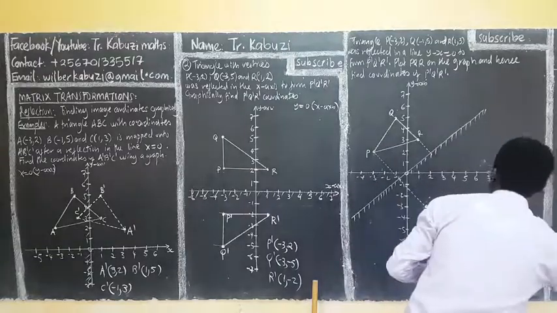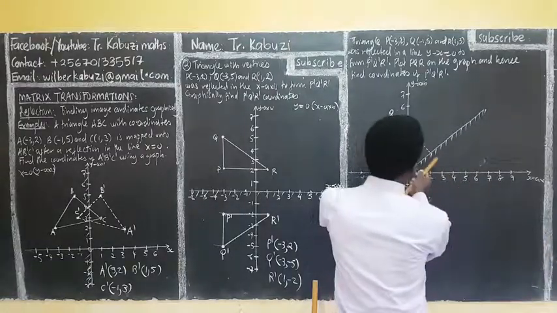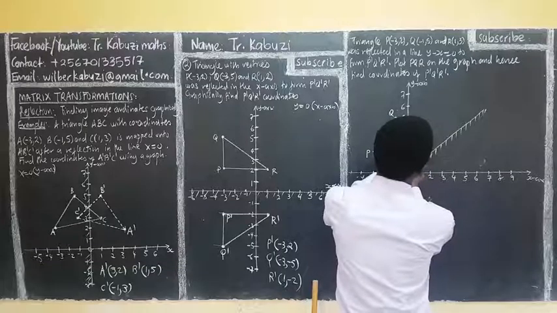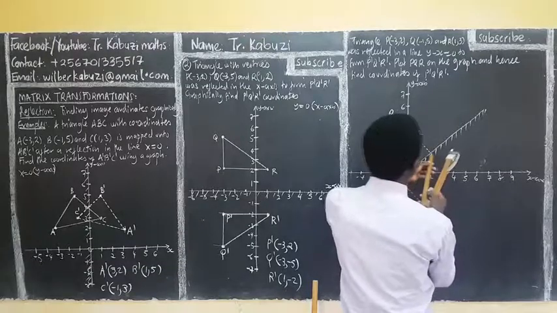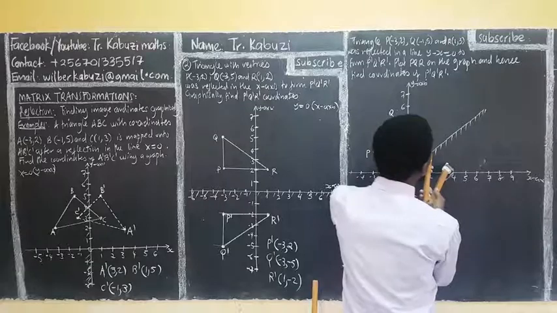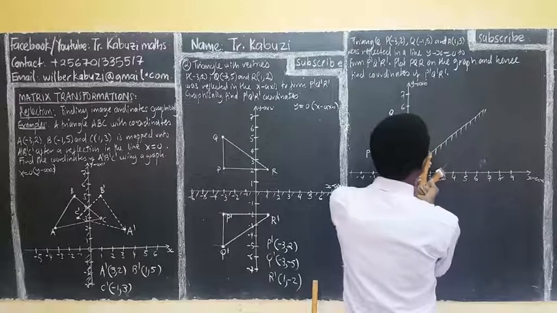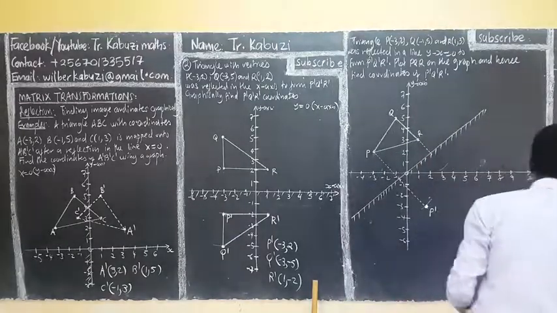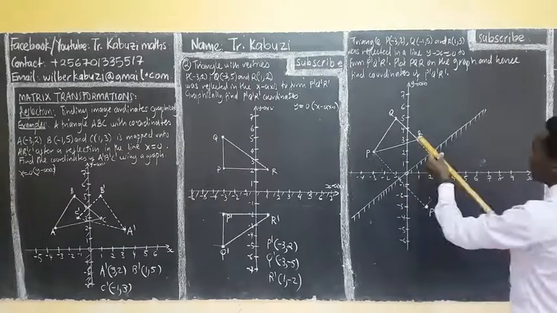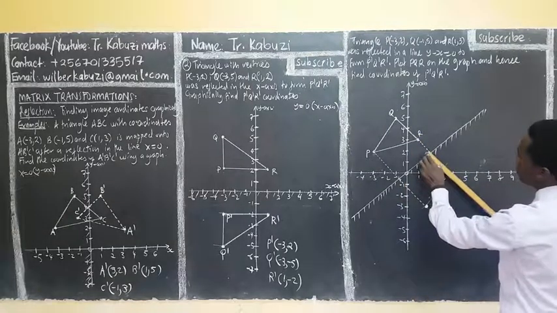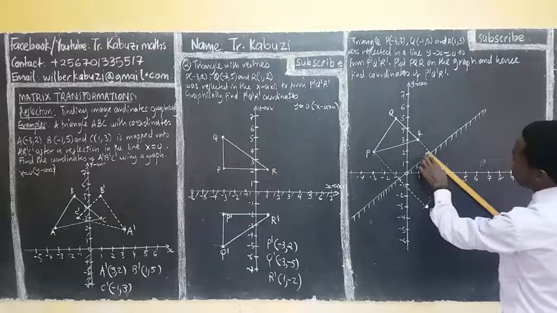Then after that I get my compass. So from here I measure this distance using the compass. Then I come this side and I draw an arc for that distance, like that. Then you get your ruler, you join. You see that it's going to be here.